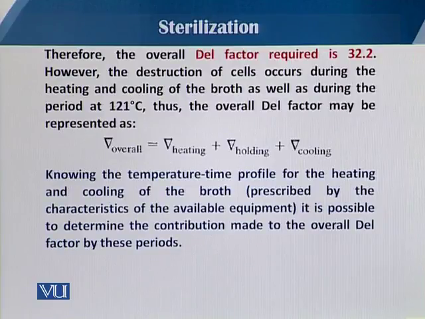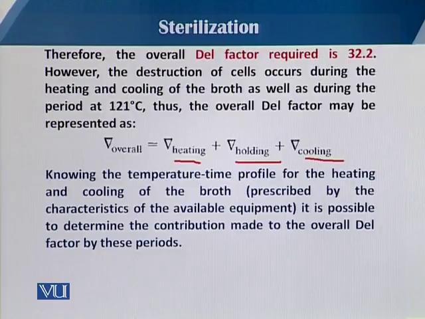So if the required del factor is 32.2, then at 121 degrees Celsius, the contributing factors in the overall del factor are heating, holding and cooling. One del factor is required to raise the temperature up to 121 degrees Celsius, then the holding time, and then the cooling time.